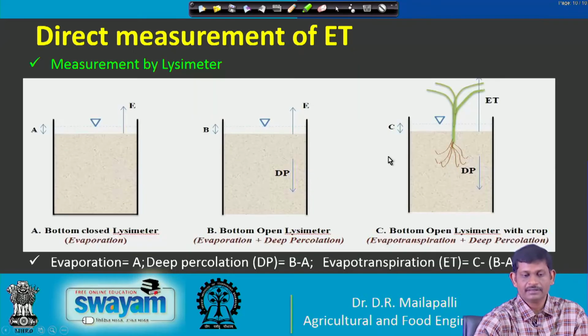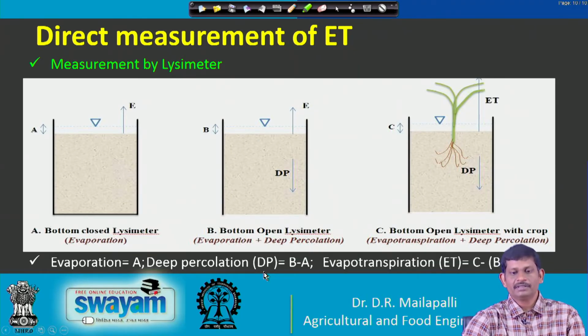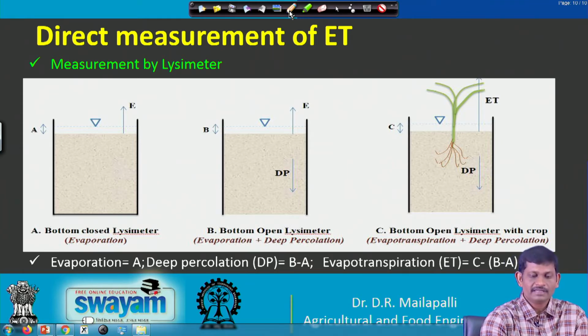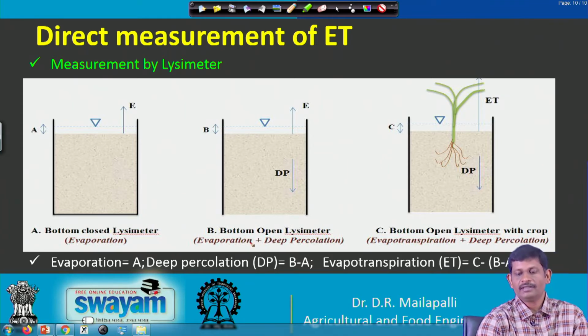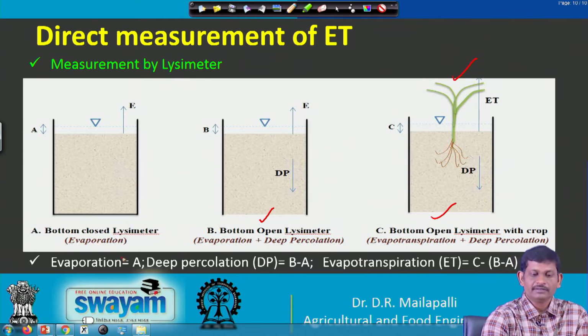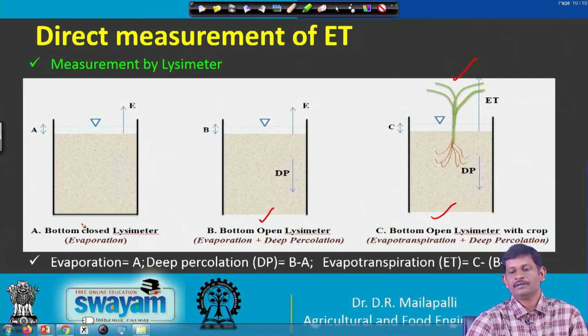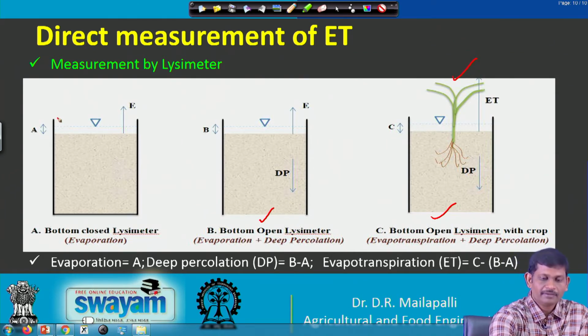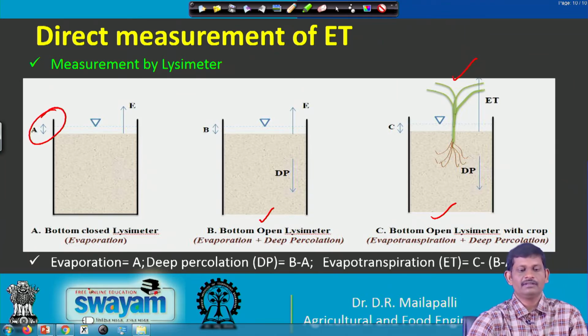And then the next is measuring by lysimeters. For this we need 3 lysimeters. One is bottom closed, the other 2 are bottom opened. In one of the bottom opened ones, a plant will be grown. This set of lysimeters is installed in the field, and we observe the daily water levels.